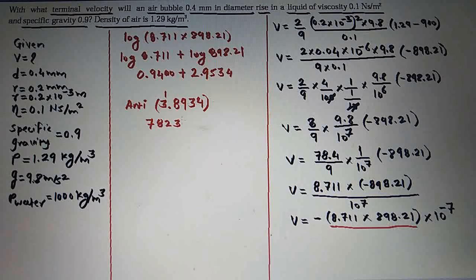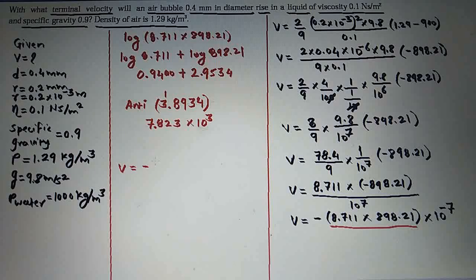That will be 7823 into 10 to the power, we will write this integer part in the power, and that should be equal to 3, so it will be 10 raised to 3, and we will take the decimal point after the first digit, so it will be 7.823 into 10 raised to 3. This is the answer of the multiplication of 8.711 into 898.21.